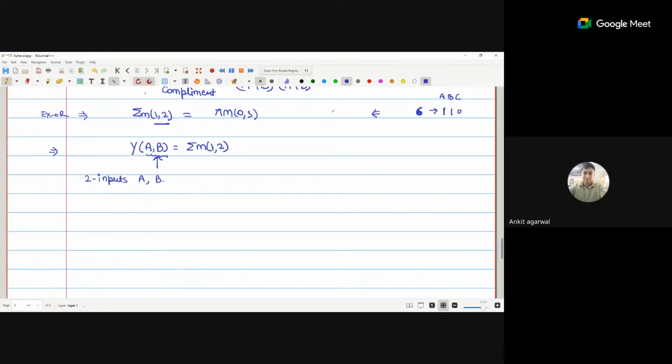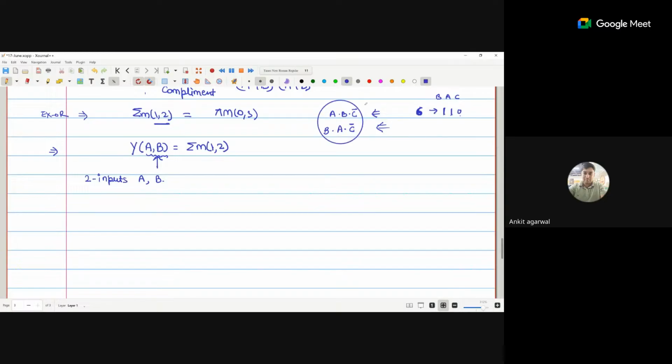A is 1, so A. B is 1, so B. C is 0, so C bar. If I change the sequence to B, A, C, what is the minterm? B as an input, A as an input, and C bar. So no change in that one.